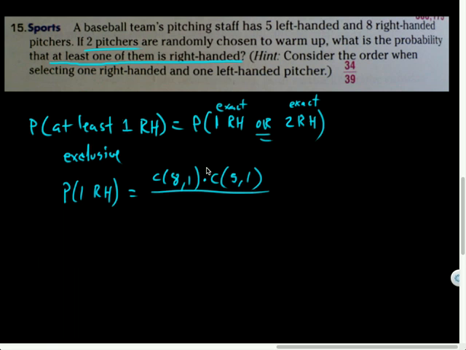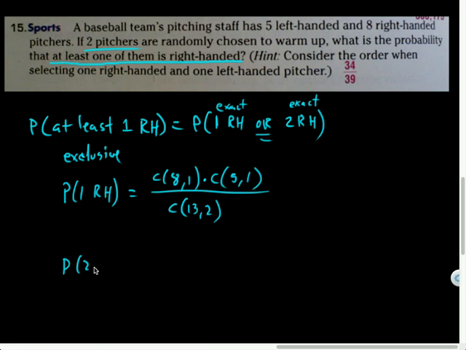And I don't want to leave it to chance of just picking the other guy from either left or right-handed, because I wanted specifically exactly one right-handed. So I have to ensure that the second guy is a left-hander. All right. Over combo, there's 13 people on the team, so 13-2. So that's that setup.